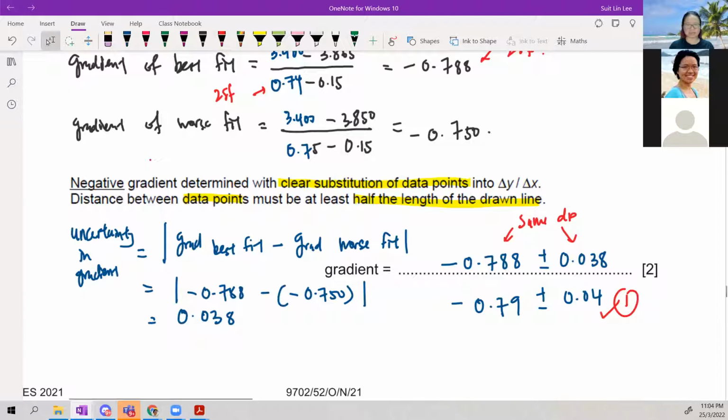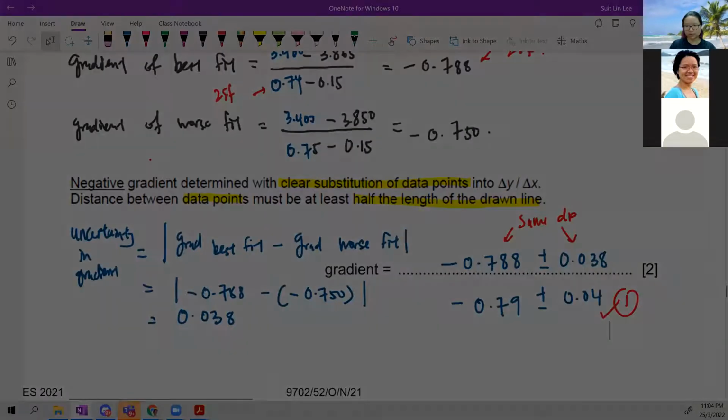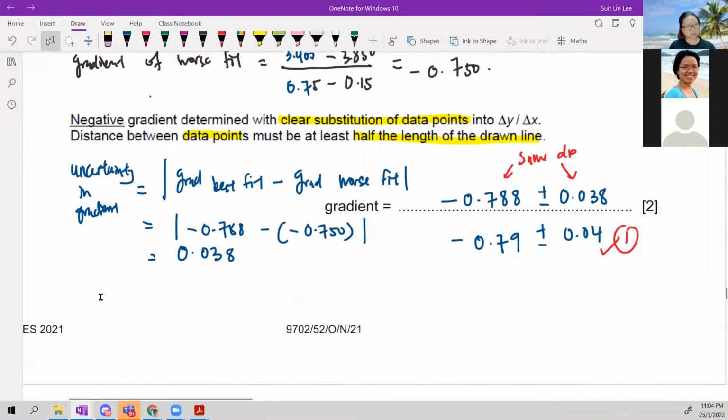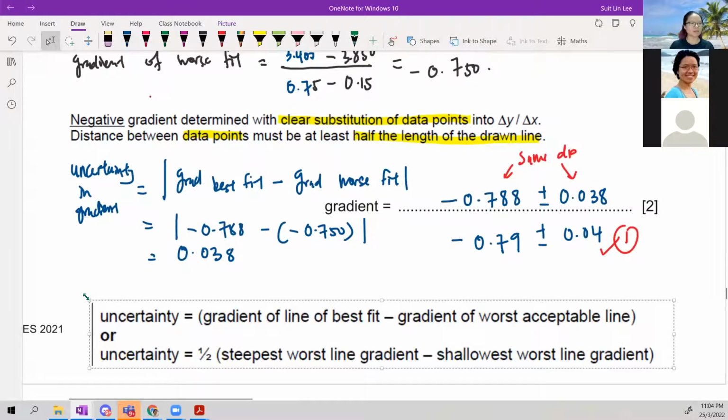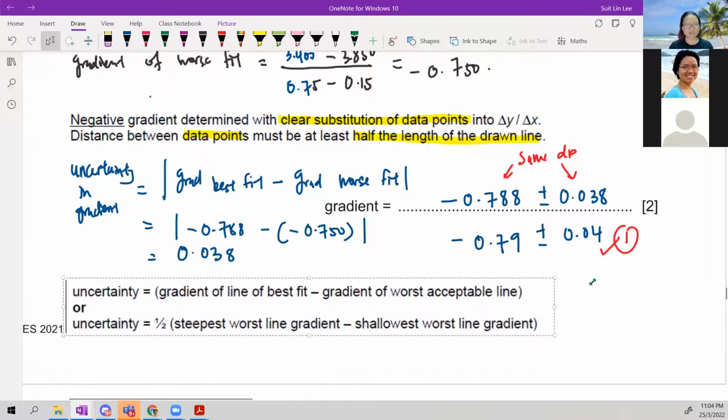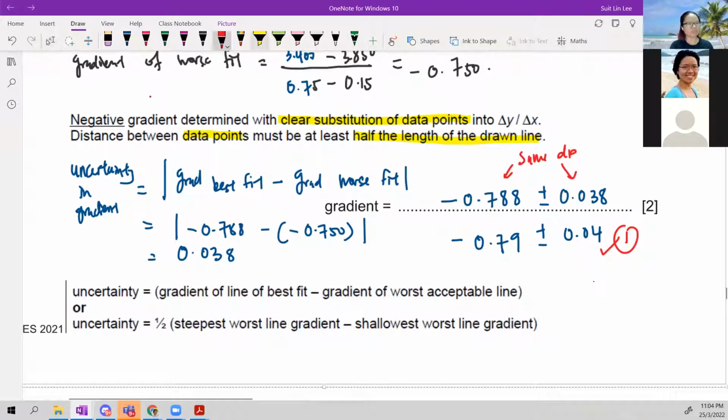So to find the uncertainty in gradient, you can either take the worst fit minus the best fit, or you can go and draw a third line now, but I don't want to draw a third line. It's extra work for no extra marks. I'm very calculative with the mark scheme. You don't give me mark, I don't want to do it. Okay, so we are doing the first method, gradient of best fit minus gradient of worst fit.